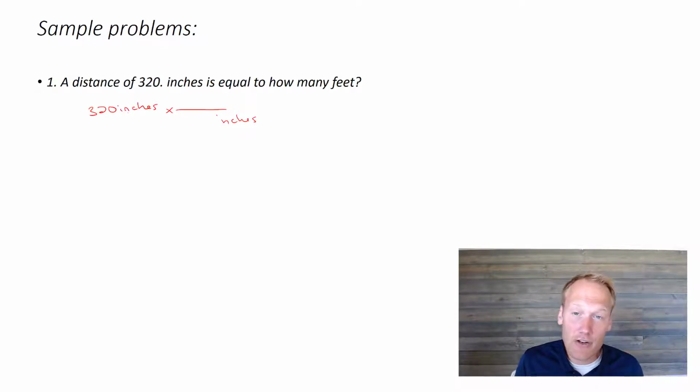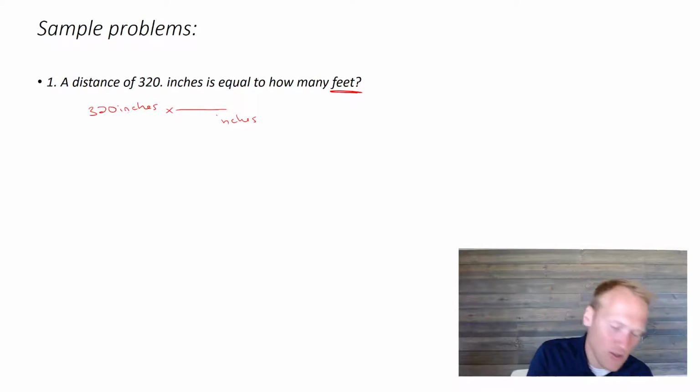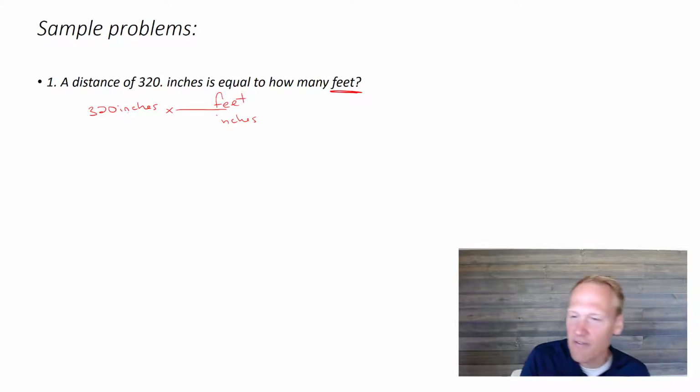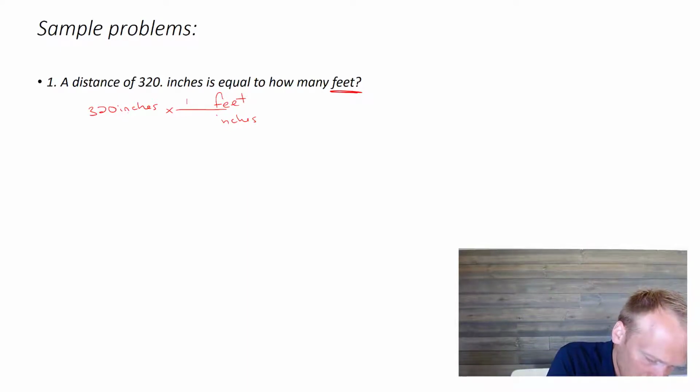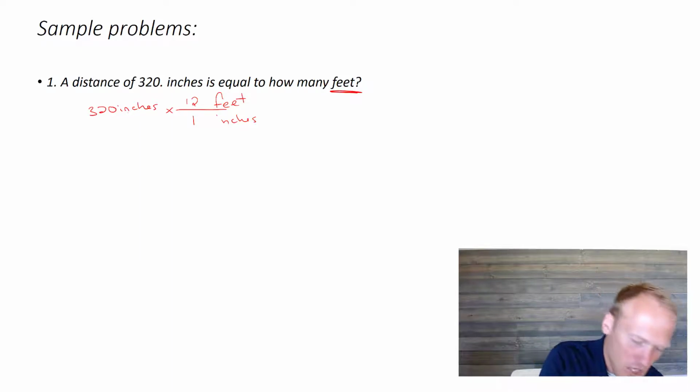And wherever you're trying to get to, which in this case is feet, goes on the top. Now we need a ratio of feet to inches. Common mistake here, people do stuff like this. 12 feet is not 1 inch. That doesn't make any sense. You need to make sure that the numbers you're using go in the correct spots.